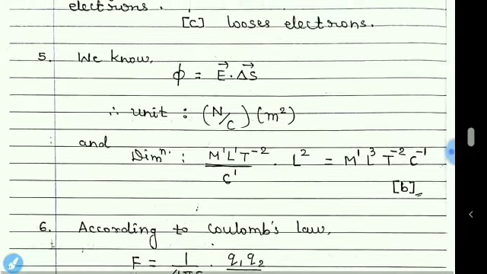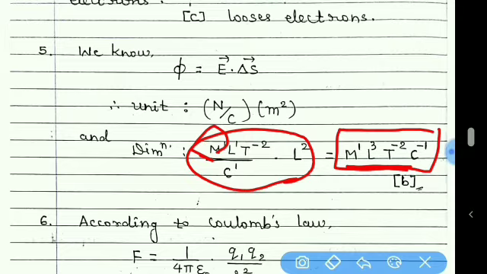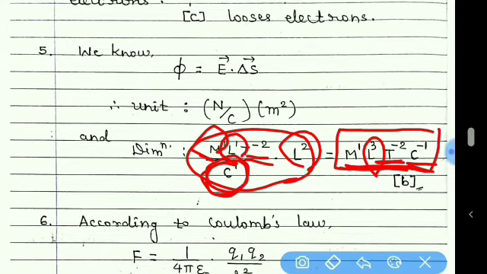So after putting the dimensions and then simplifying, we will get this answer. You can see here M is power 1, L here as well as here, so 1 plus 2, so power is 3 here, time T raised to minus 2 as it is, and coulomb is in the denominator, so we can write it as C raised to minus 1. So option B is correct.